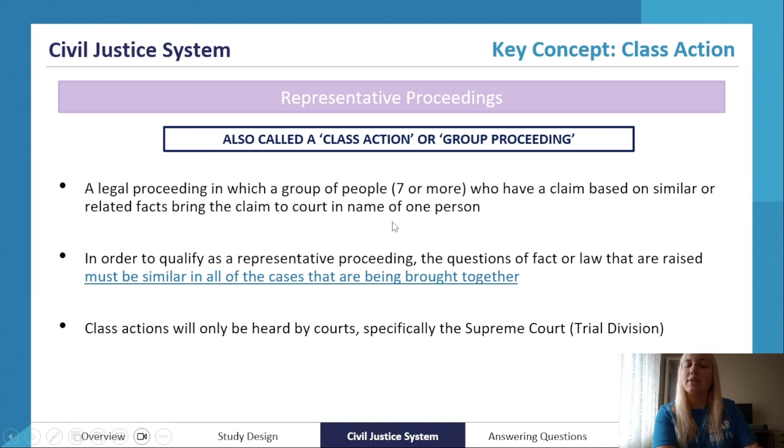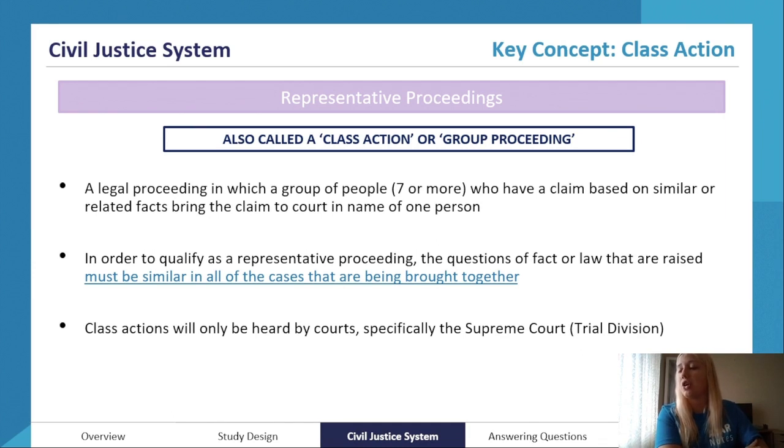This is a long definition, but when you define representative proceedings, you must have all of these elements: the number of plaintiffs, seven or more, the fact that the claim must be based on similar or the same facts. So the loss that they've suffered must be pretty much equal.